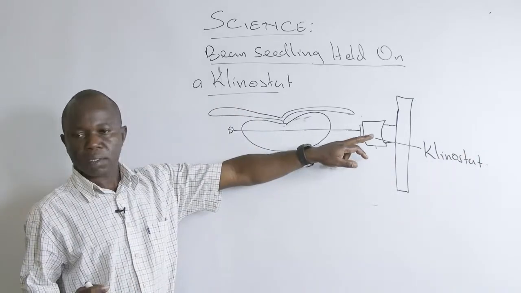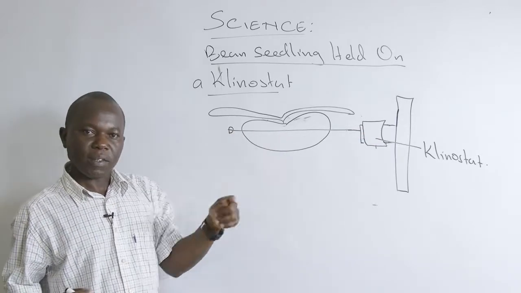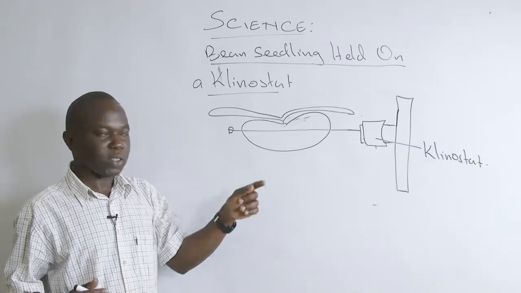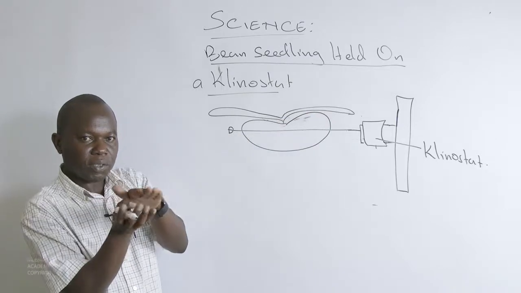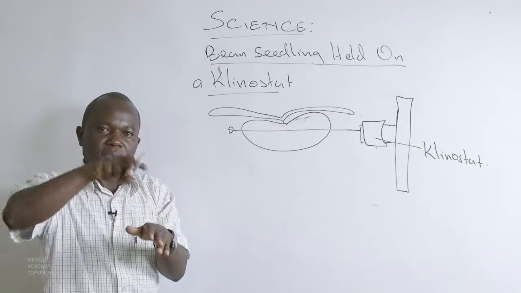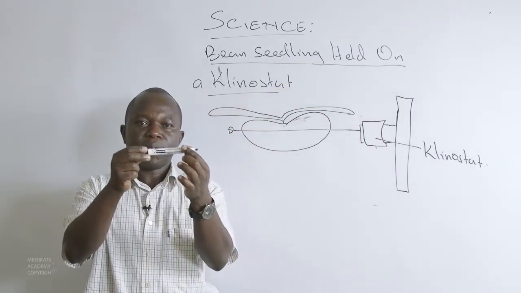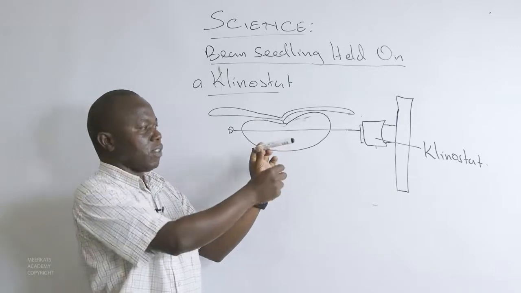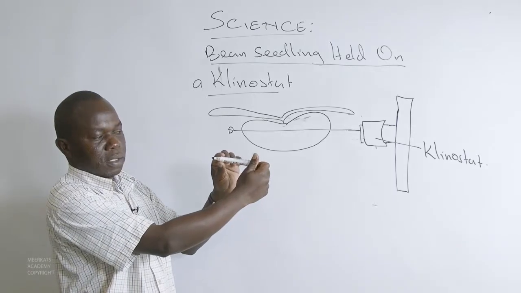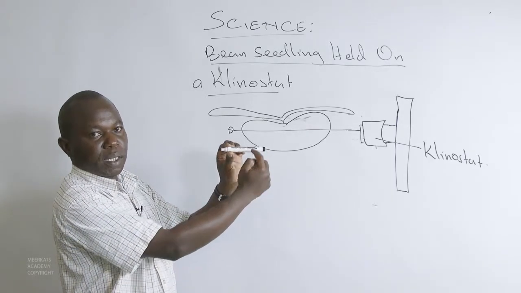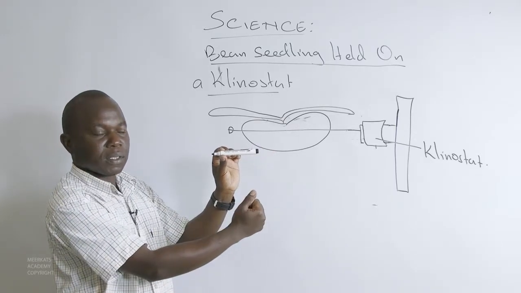So what will happen is this: the clinostat will be rotating, and as it rotates, the seedling also will be rotating in that position. So we are not going to have the radical and the shoot in a constant position, but it will be rotating. When it rotates, if auxins were accumulating at that point, you'll realize that auxins will now be distributed evenly in both the shoot and the root.